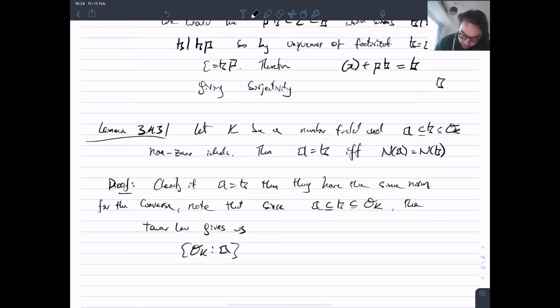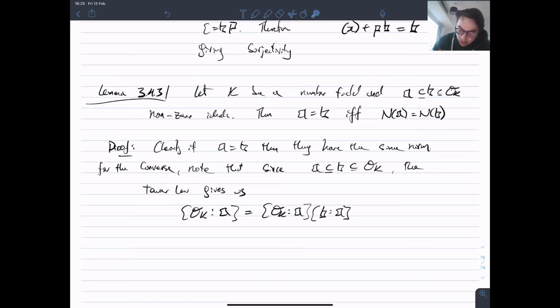the size of this quotient, the same thing as K mod A, times B to A. I'm just towering up.